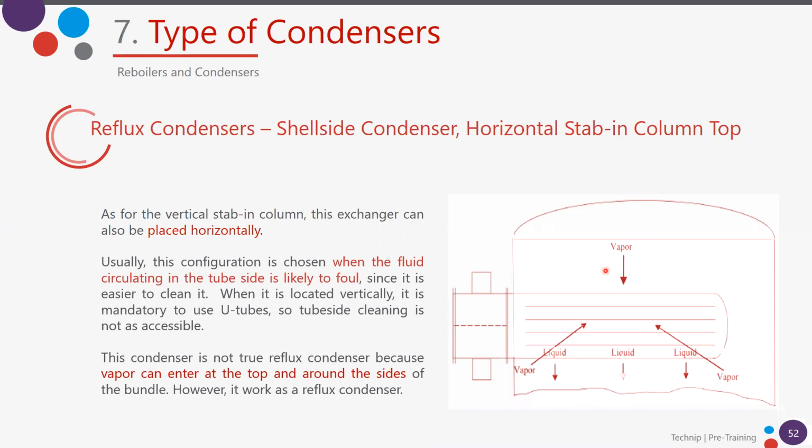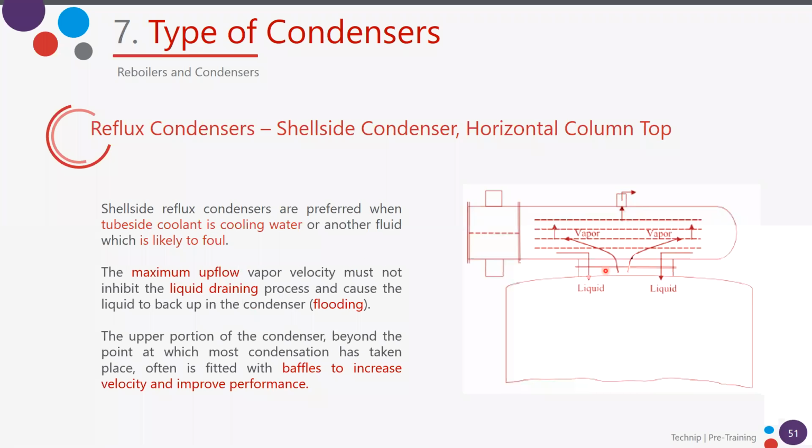Maybe not this one, but this one is very common in the industry. Also, it is located on the top, but it can also be located here on the side. So this inlet nozzle is located here, and this will be placed on this pad. The nozzle will be located in this part.